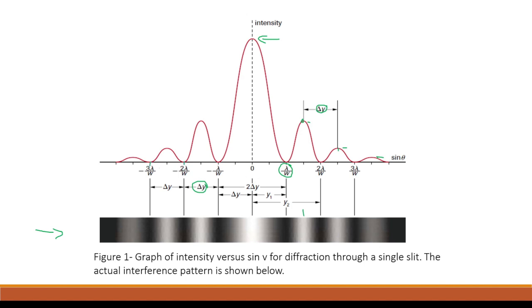The only area where we have a difference is the central maxima, which is 2 delta y wide here. And that's why we have 2 delta y, a maxima of 2 times the size, versus everything else which is delta y. The central one is 2 delta y.